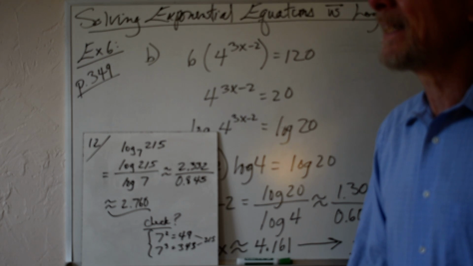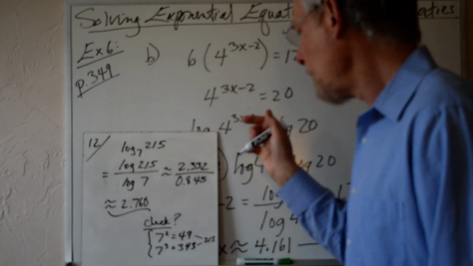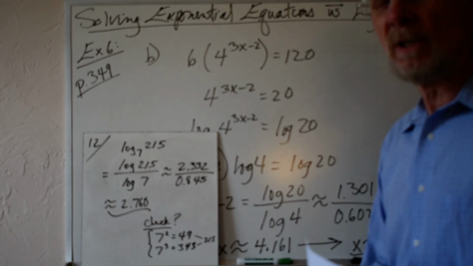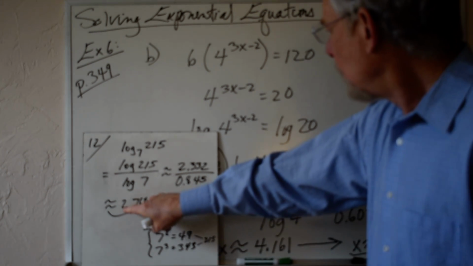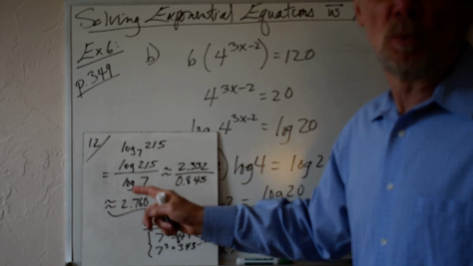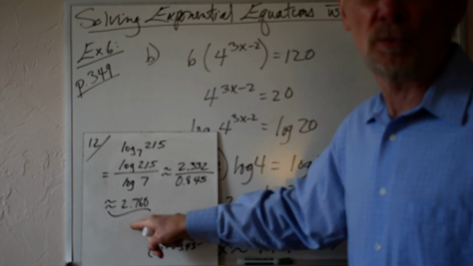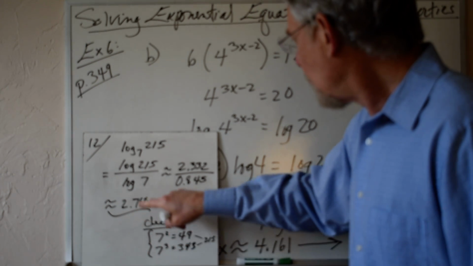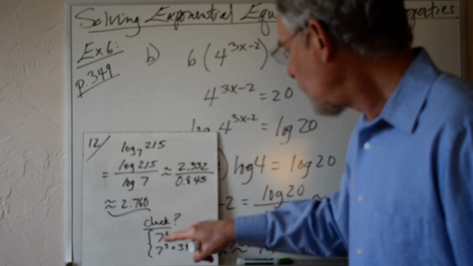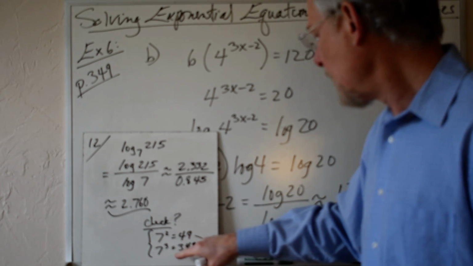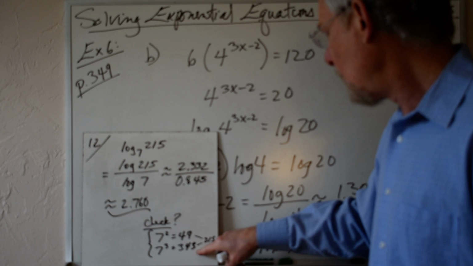Well, not in an exact way, but you can get a pretty good feel for if you got the right answer or not. 2.760, okay, that's more than 2, but it's less than 3. Now, 7 raised to the power 2 is 49. 7 raised to the power 3 is 343.